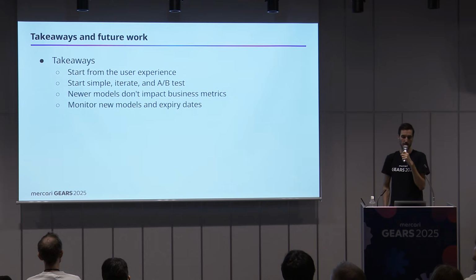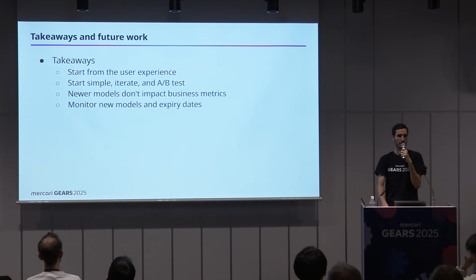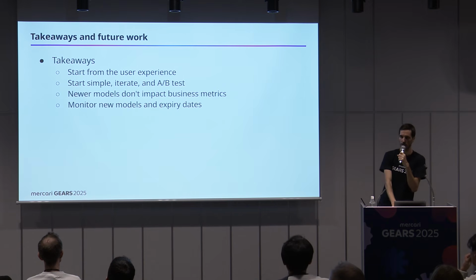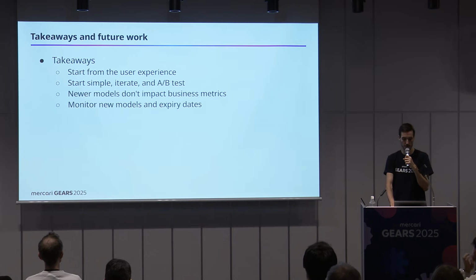And there are newer models all the time, but the new models never impacted our business metrics. We never sold more just by changing a model. And considering the price of more expensive models, there's no way the cost will justify the better quality. Users are smart, they understand that it's machine translation, and that's good enough for us.